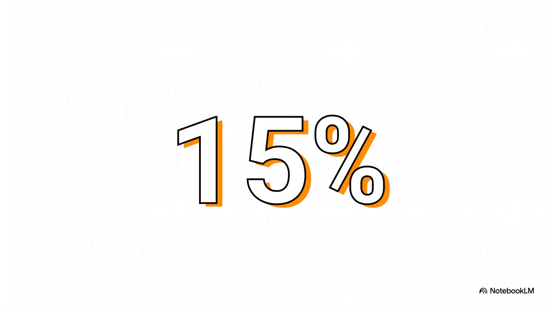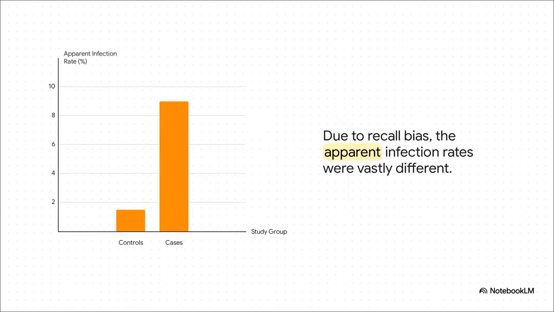Let's put some numbers on this to see just how powerful this bias can be. Let's just pretend that the actual true rate of some mild infection during pregnancy is, say, 15%. Okay, that's the real number for all mothers. So in reality, there's no link at all between this little infection and any problems. Okay, but now let's ask them to remember if they had that infection. The mothers of the healthy kids, our controls, they might barely remember that little cold they had.